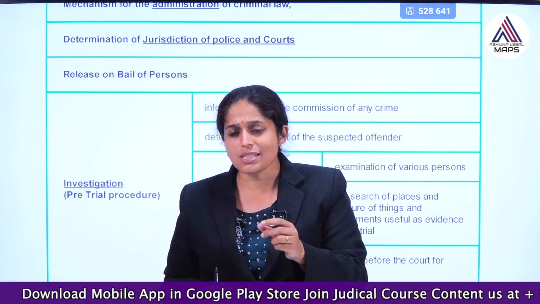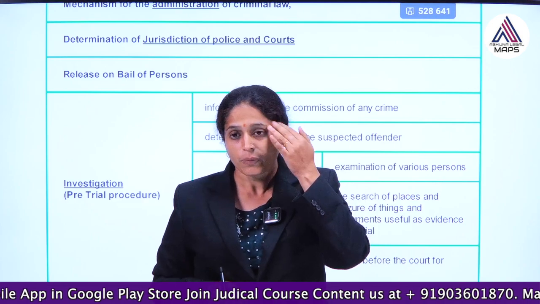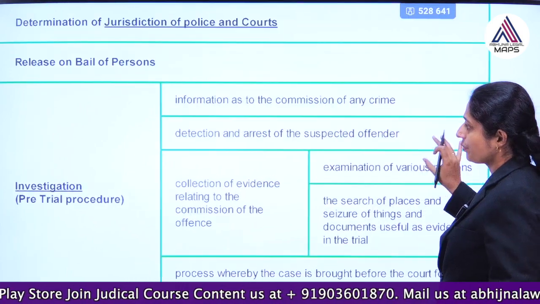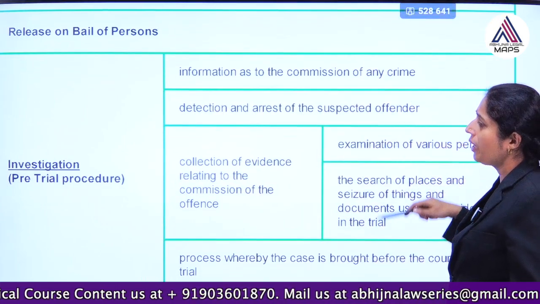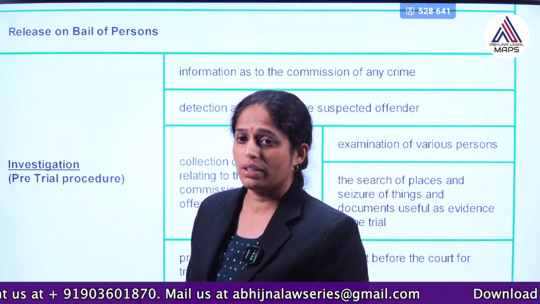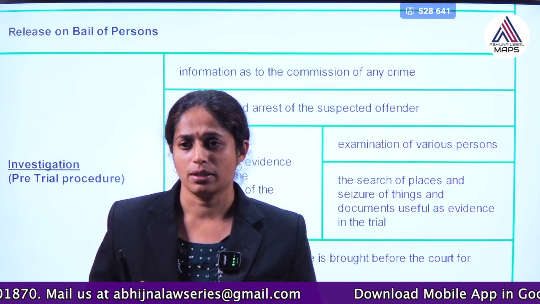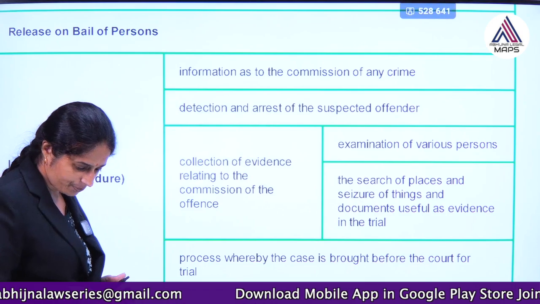For cognizable offences, police can directly start the investigation. The next step is how they detect or suspect the offender, how they arrest him, and how they investigate. We can find the provisions for that.